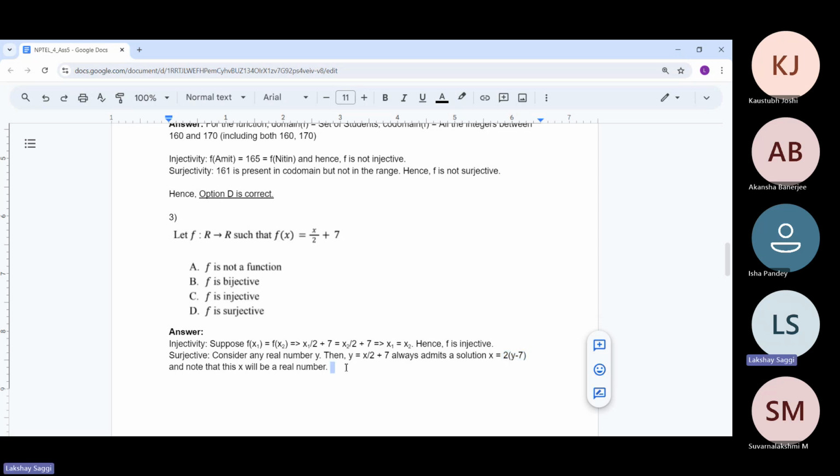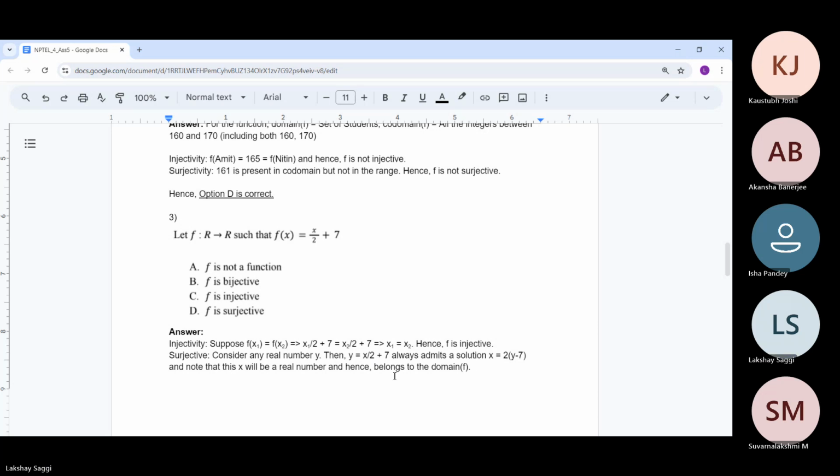So what this gives us is that X is a real number and so X belongs to the domain of f, right?